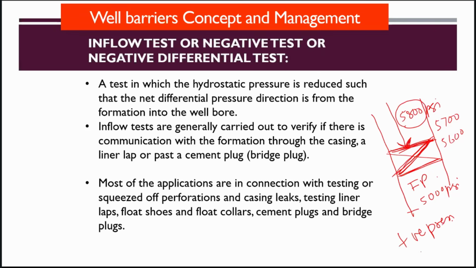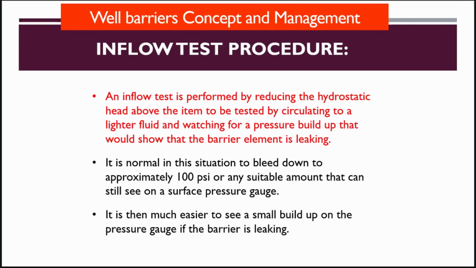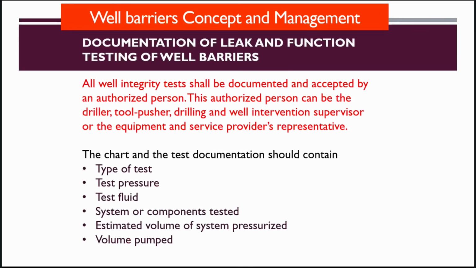So you can do it by positive pressure testing or by negative pressure testing, which is also called an inflow test. Once you do the test, you confirm your barrier is holding in place. Then you have to save the data for the record.